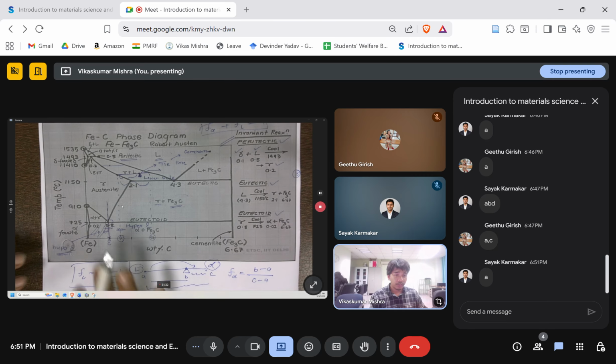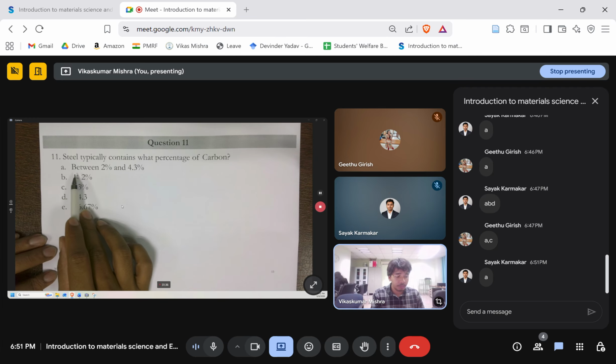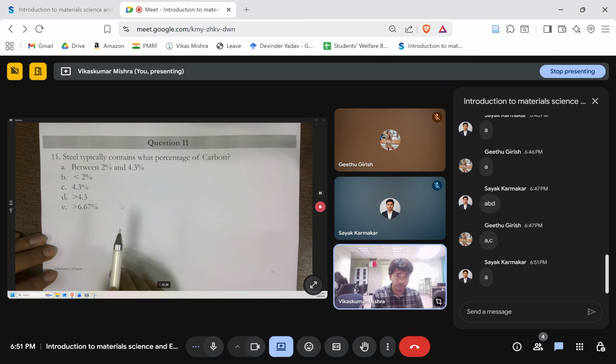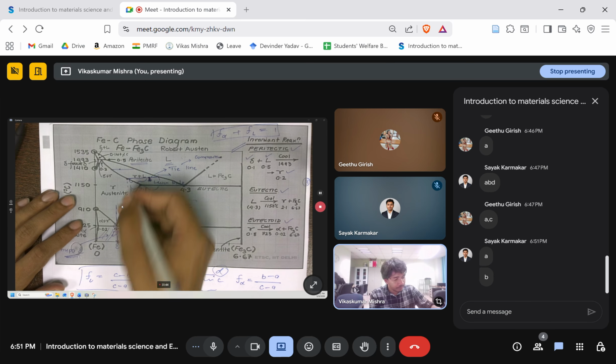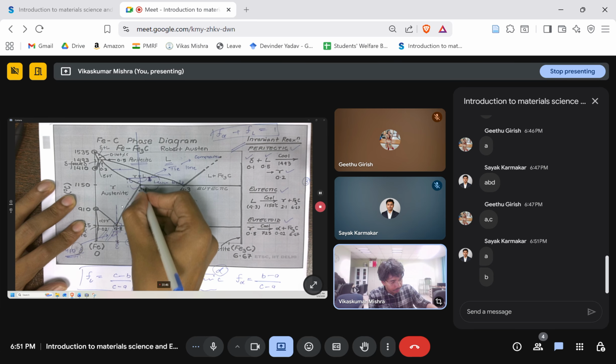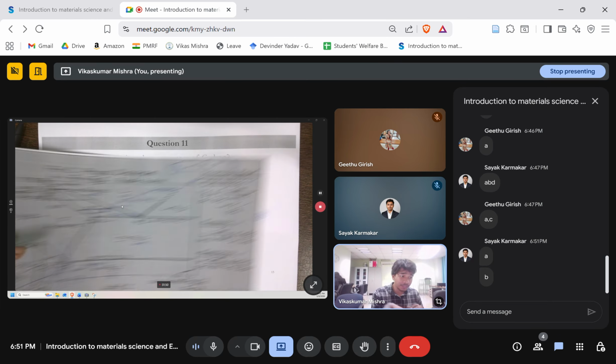Sayank has answered option A, between 2 and 4.3. It's not correct, right? In the class, it has been discussed that option B is the right answer.